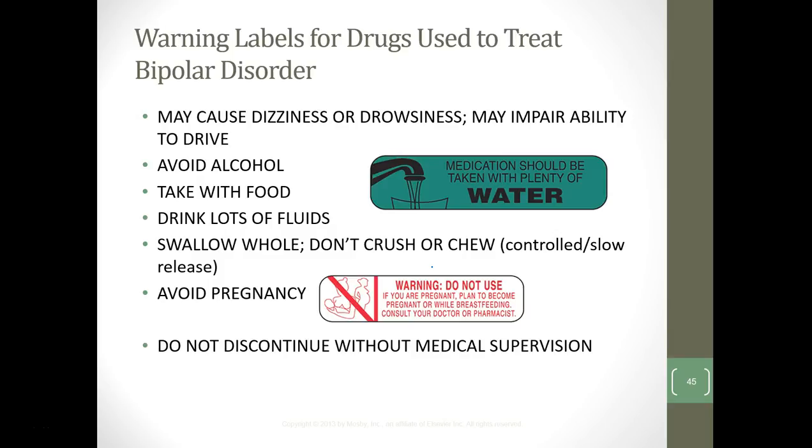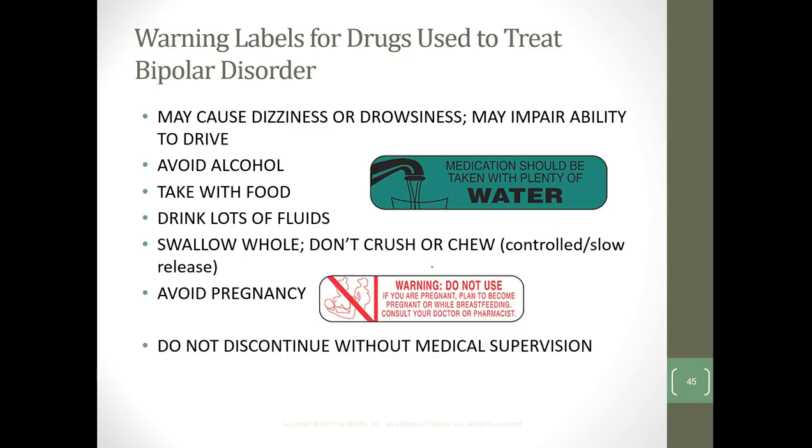The warning labels for drugs used to treat bipolar: they may cause dizziness or drowsiness or may impair their ability to drive. They should avoid alcohol. They need to drink lots of water. Again, water, partly because of the kidneys, especially with lithium, but water, not carbonated beverages with the anti-seizure medications used to treat bipolar. They can take it with food, drink, swallow whole, do not crush or chew.